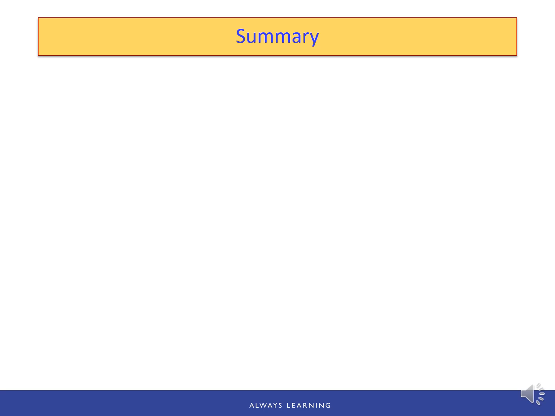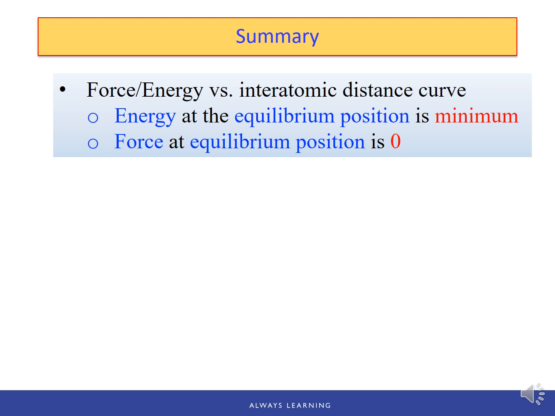So in this lecture, we focused on the bonding energy and bonding forces between the atoms. And we also explored the relation between the bonding forces and bonding energies with respect to the interatomic distance. We should know that energy at the equilibrium position, or E0, is at its minimum value, whereas force at the equilibrium position is 0.